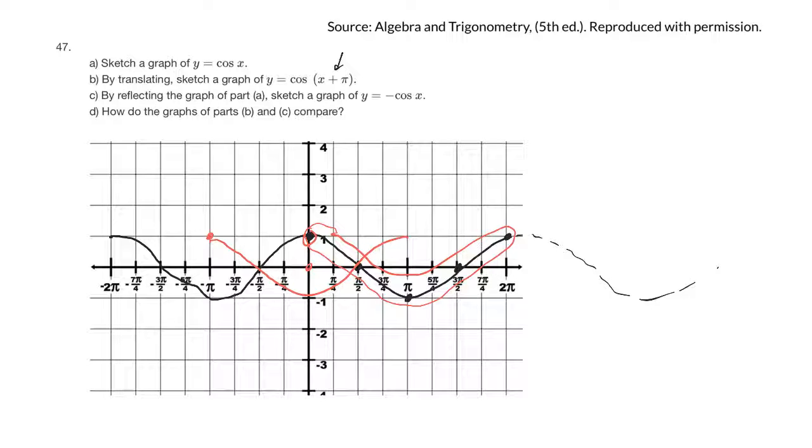Then they say reflect the graph, this one, so this says reflect on the x-axis. So instead of starting here, I'm going to start down at minus 1. Okay, it's going to be the same thing again. And so the graph will come up through there, and down through there, and it'll just keep doing that same thing.